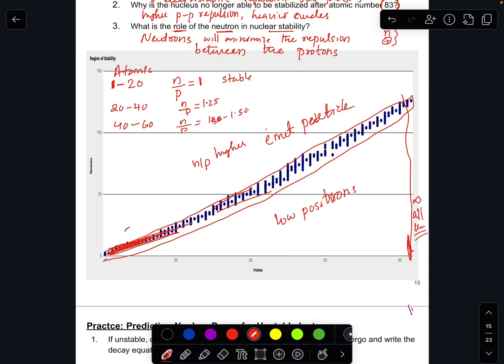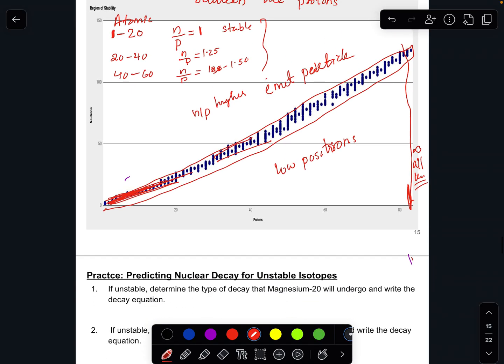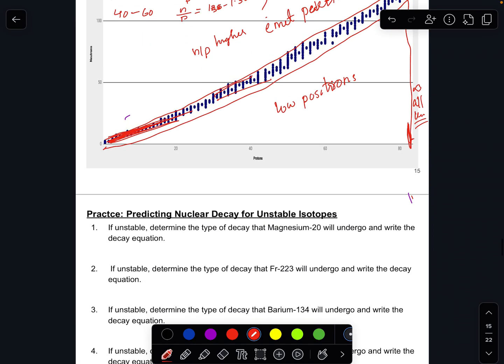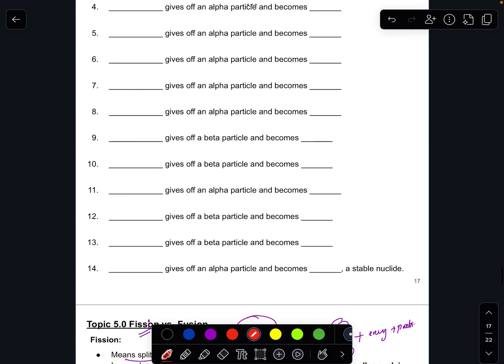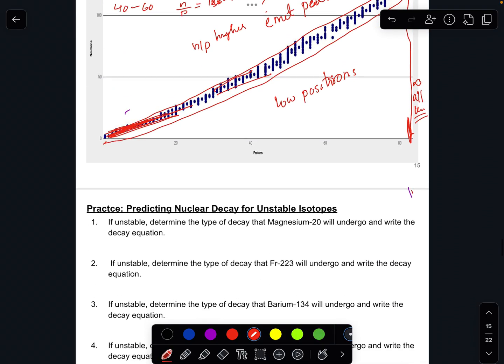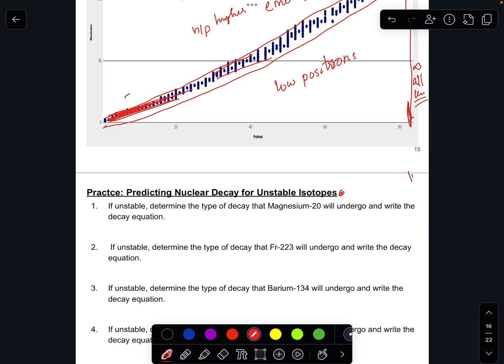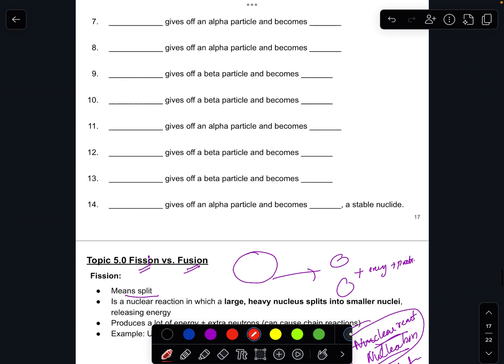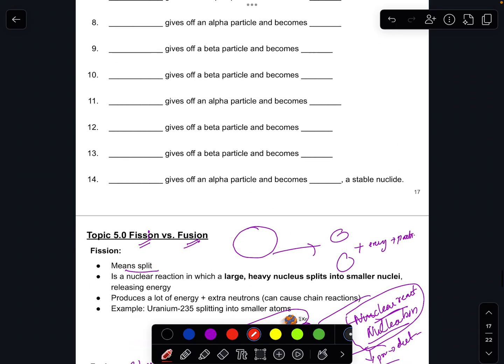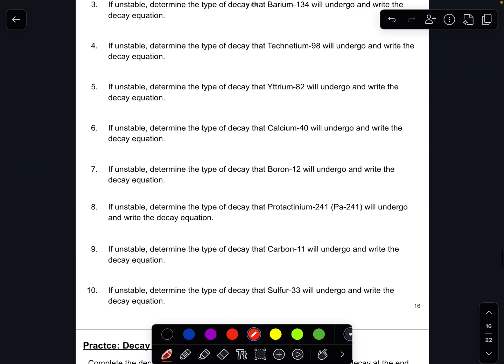So you can predict the type of stability by looking at the N by P ratios. There are practice questions where you need to know the N by P ratio to answer, and others you can answer generally based on that.